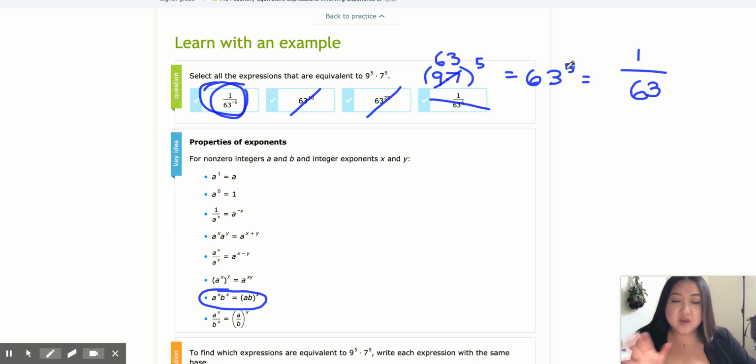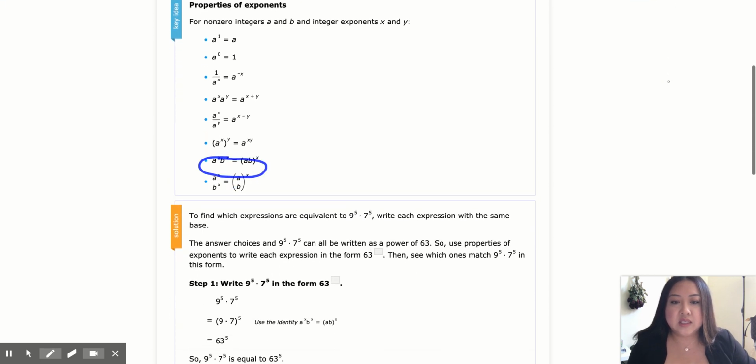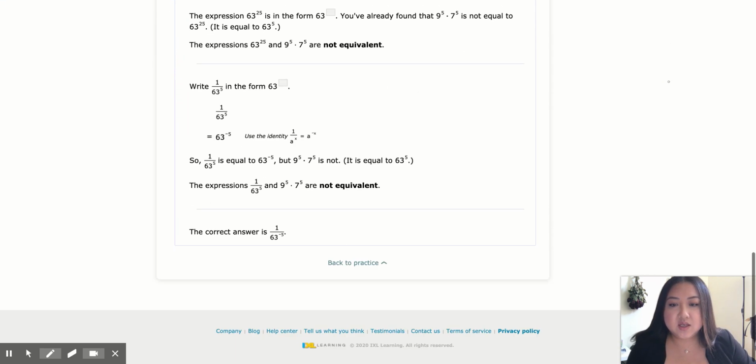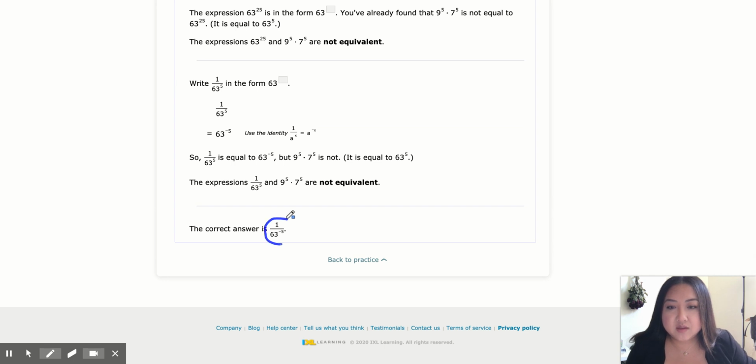In this situation, we have a positive power. So if we change it into a fraction, it turns into a negative power. Now, if we had a negative power, it turns into a positive power. So every time you switch it over to the other side, whether it's to the numerator or denominator, you just have to change the sign. It's either positive or negative. All right, so let's check the answer. And the correct answer is 1 over 63 to the negative 5th power.